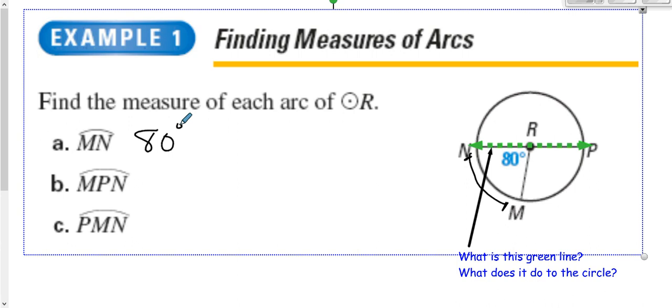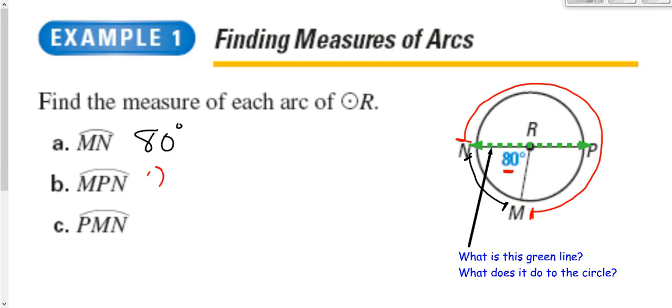So this would be 80 degrees. Now I have arc MPN, so tracing that around the rest of the circle, how much do I have here? Well, I know the whole circle is 360, and this part was 80, so 360 minus 80 would give me 280 degrees.